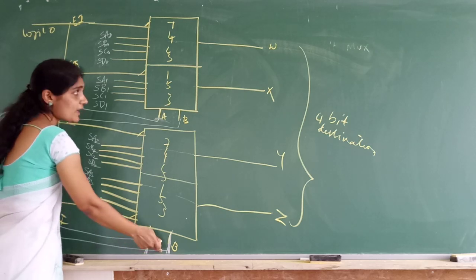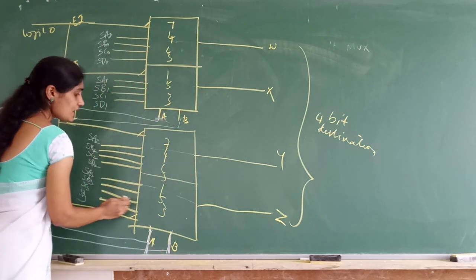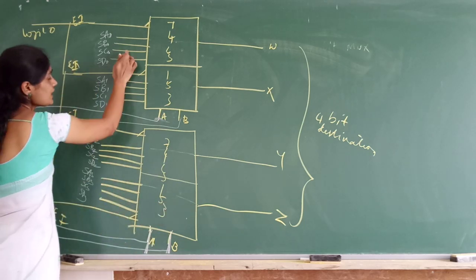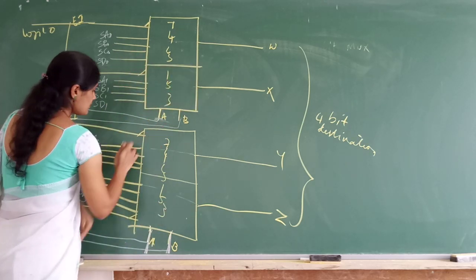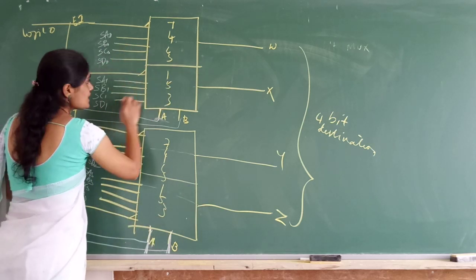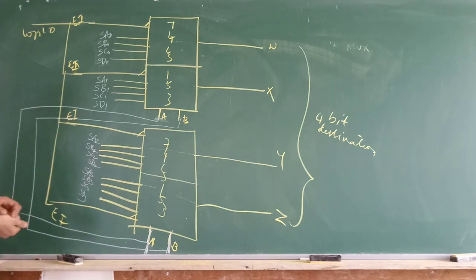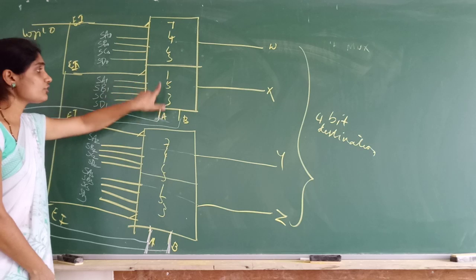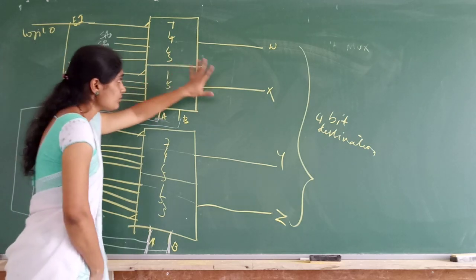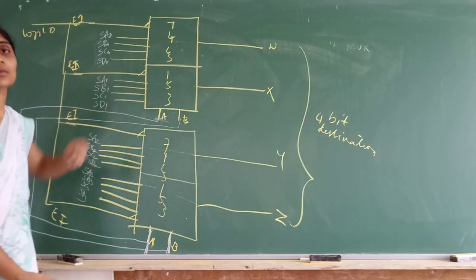If you give 0, 1: SB0, SB1, SB2, SB3. 1, 0: SC0, SC1, SC2, SC3. 1, 1: SD0, SD1, SD2, SD3. So by making use of 4:1 mux, or 74LS153, I can do some modifications so that I will get 4-bit output.